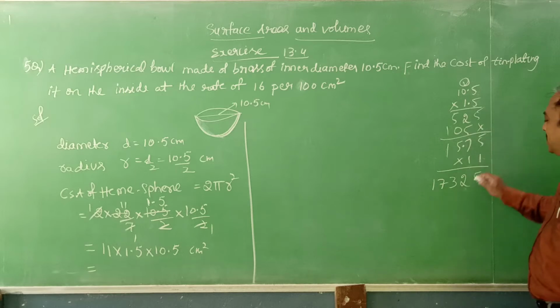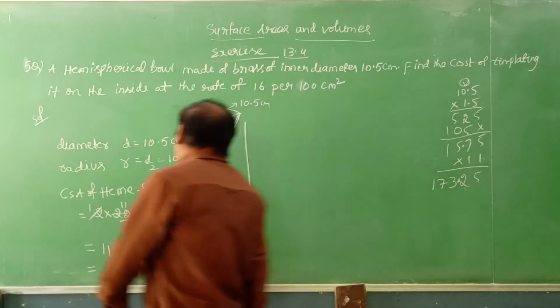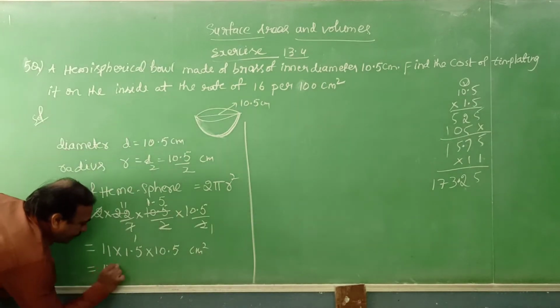And here 2 digits are there. Therefore, 173.25.